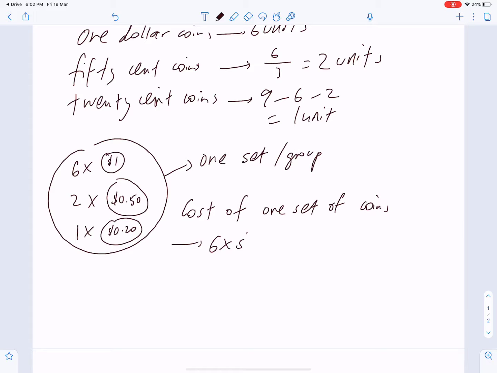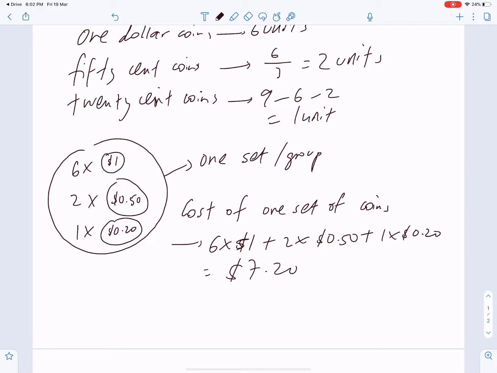So 6 times $1, plus 2 times 50 cents, plus 1 times 20 cents. Let's calculate this. So $7.20.